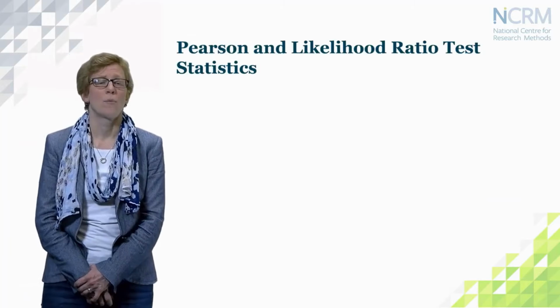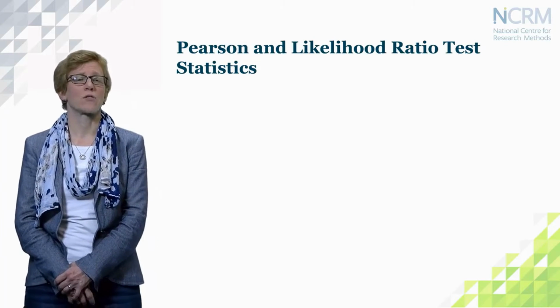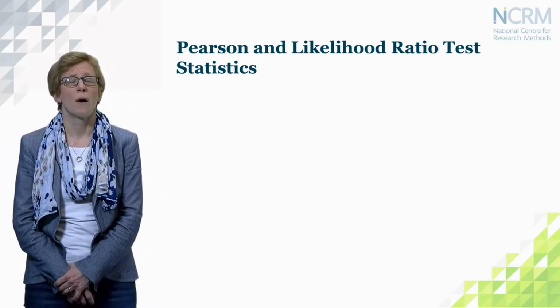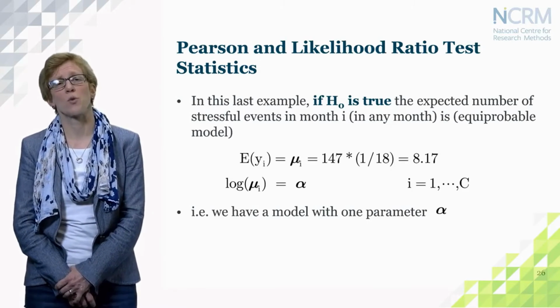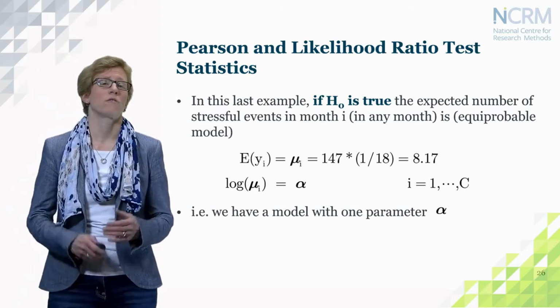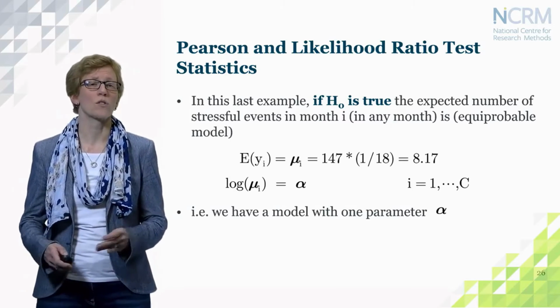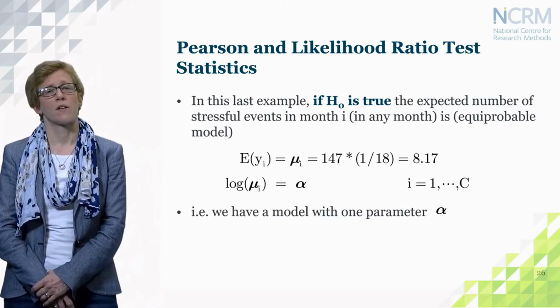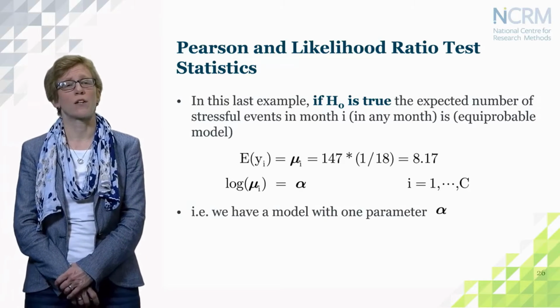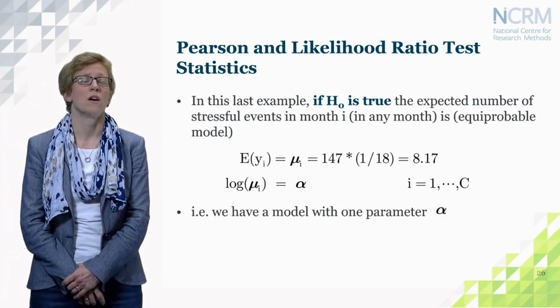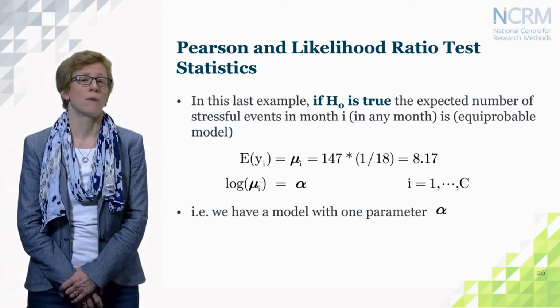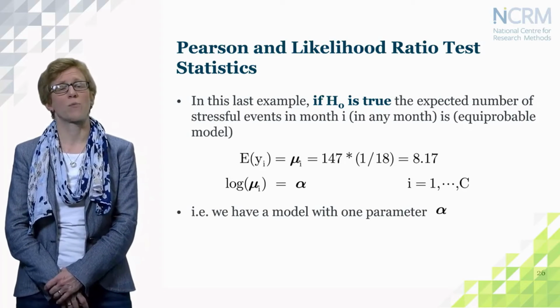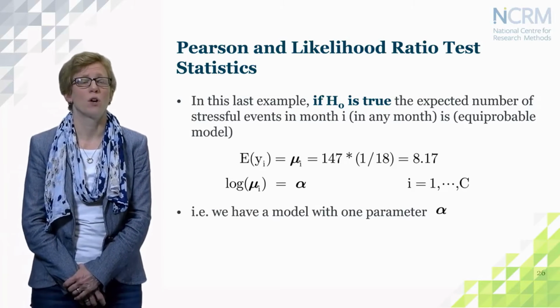Looking at the Pearson and the log likelihood ratio test statistics, we say that if H-naught is true, that means that if the equiprobable model actually holds, then we would expect 147 times 1 over 18, so an expected frequency of just over 8 per month.